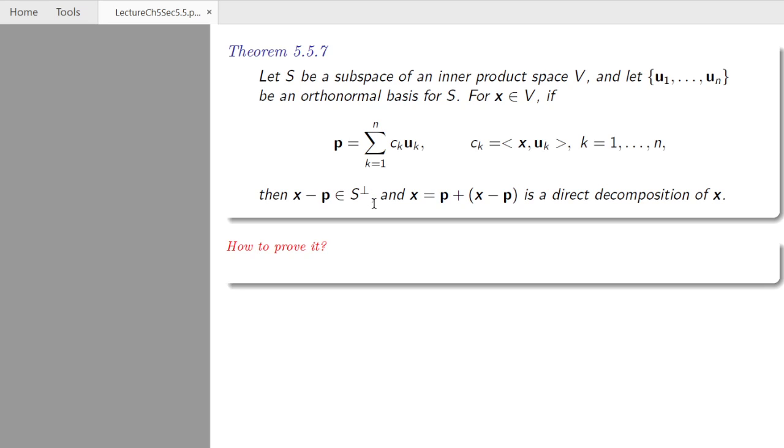How to prove this conclusion? To do this, we need to use the definition of orthogonal complement.